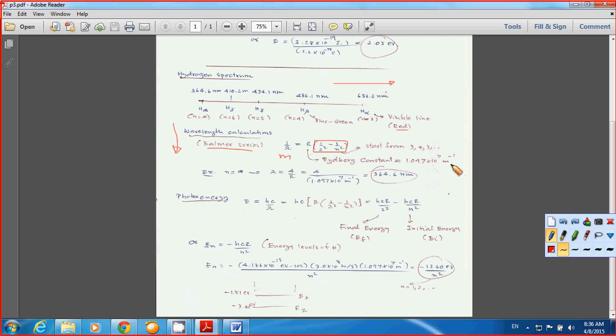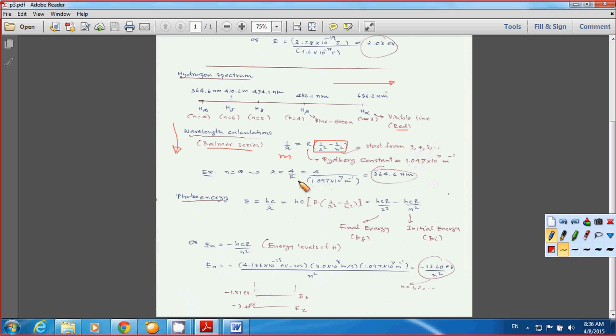Just keep that in mind. And since this is 1 over 2 squared minus 1 over n squared, we start from 3, 4, 5, because lambda cannot be a negative number, so n has to be greater than 2.